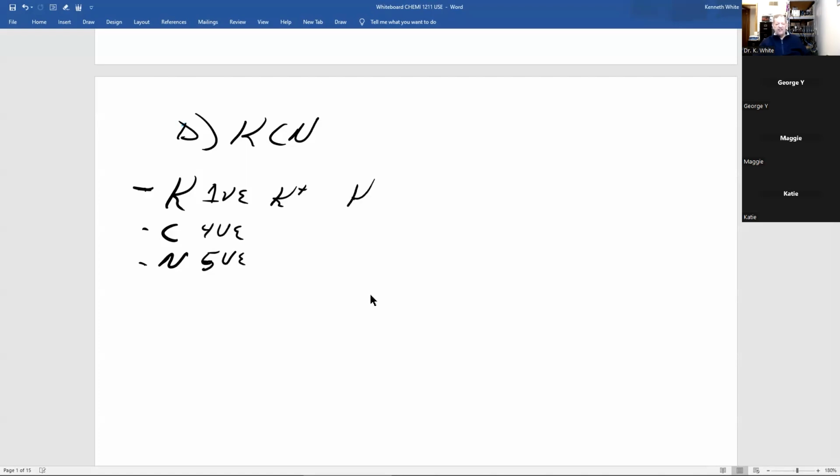So I have this potassium, I have carbon with 4 valence electrons, nitrogen with 5 valence electrons. And carbon looks at the nitrogen and says, oh, look, you have 1, 2, 3 unpaired valence electrons. Carbon says, oh, I have 1, 2, 3 unpaired valence electrons.